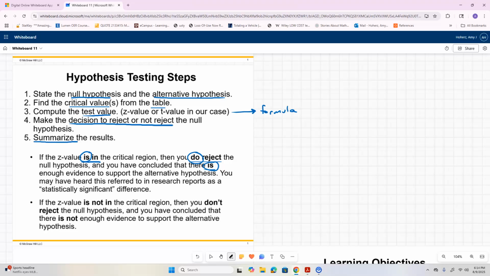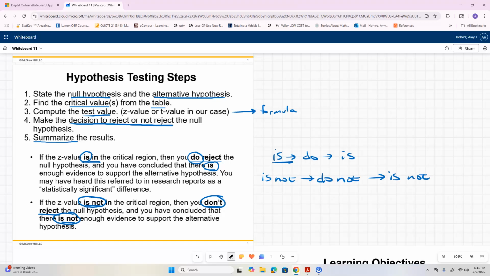And then on the other side, if the z value is not in the critical region, we are going to not reject, don't reject, because there is not enough evidence to support the alternative hypothesis or support the claim. So if we're in the critical region, we do reject and there is enough evidence. Is, do, is. If it is not in the critical region, we do not reject and there is not enough evidence to support. So it's either all positive terminology or all negative, all not terminology. Always go together. Once you make this decision, then the other two pieces follow.